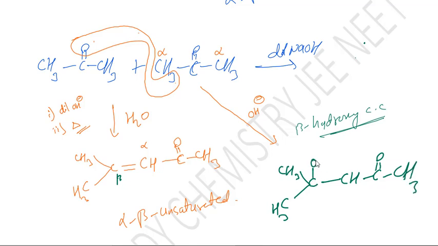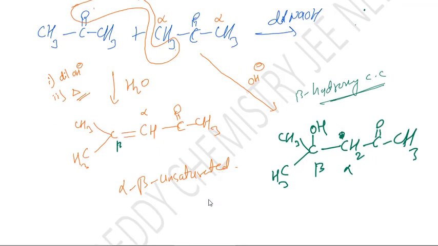At this position, just write one OH, and here one more hydrogen. You can write 2 here, that's enough. So this is the alpha carbon and beta carbon, a beta hydroxy carbonyl compound. Are you getting it? If heat is there, alpha beta unsaturated. If there is no heat, beta hydroxy carbonyl compound. Like this you can write it.